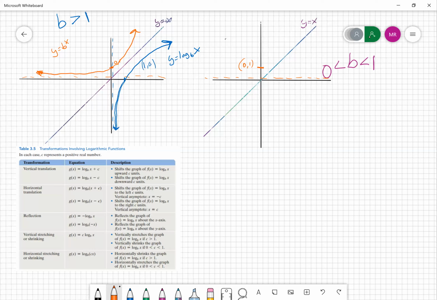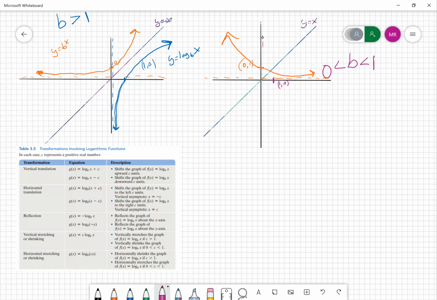But as it goes to the right, it gets closer and closer to 0, and as it goes to the left, it goes up to infinity. This looks a little different, but it still gets flipped over the line y equals x. And the log function, when your base is between 0 and 1, still hits the point (1, 0) and still has a vertical asymptote of the y-axis.